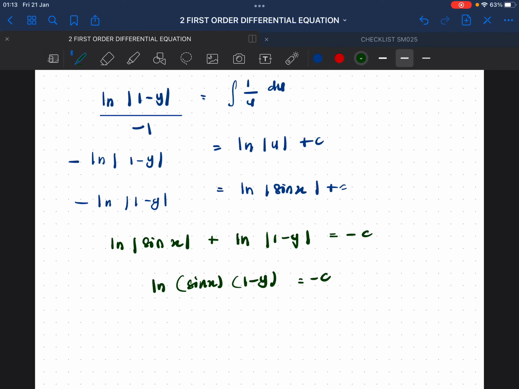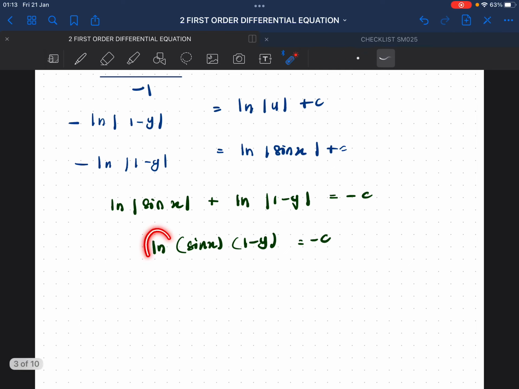Now we are going to move ln to the other side. When ln moves to the other side, it becomes what? Exponent. That means we will have exponent negative c. Exponent negative c is just a constant. If you press the numbers, c is a constant, so an exponent of a constant is still a constant.